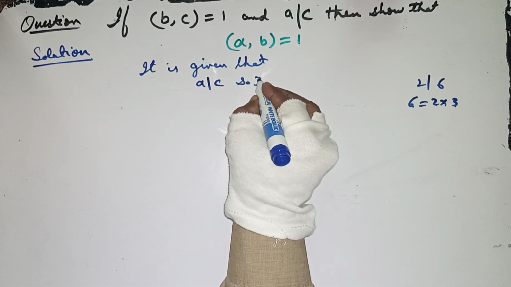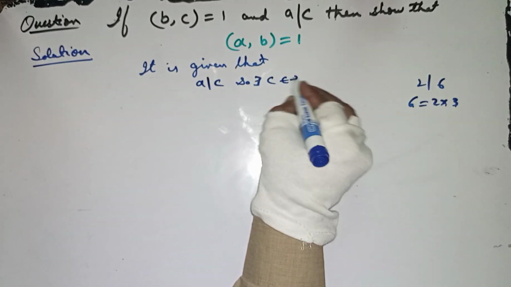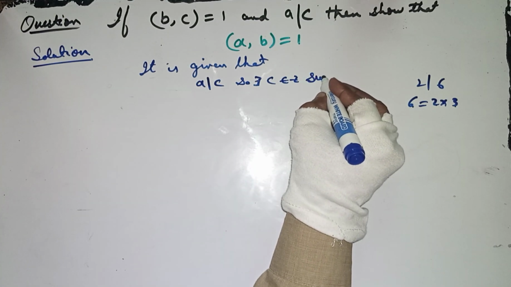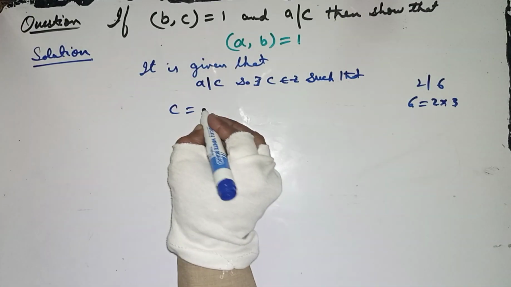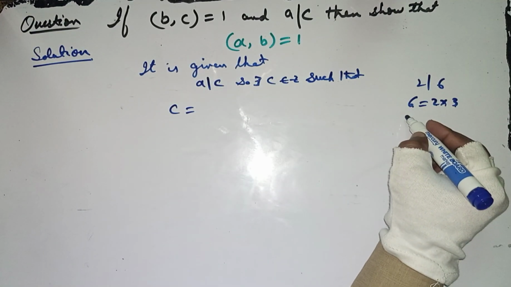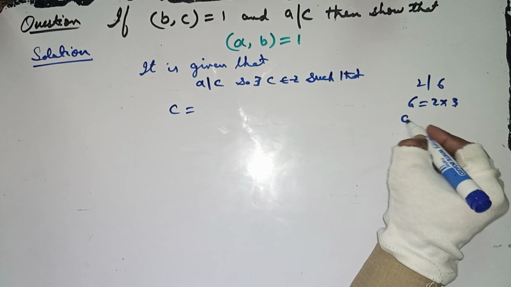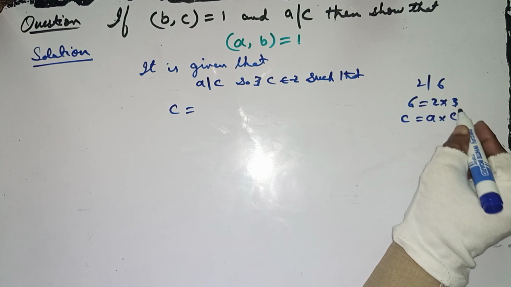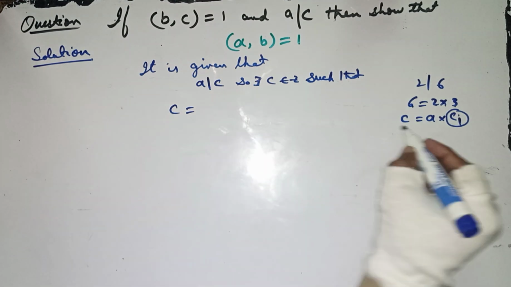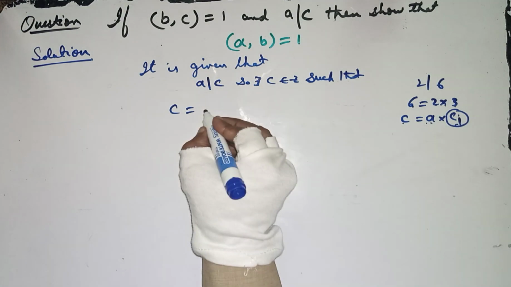So there exists C1 belonging to the set of integers such that C must be equal to, if this is C and this is A, then this will be C1, we suppose. Then C is equal to AC1.